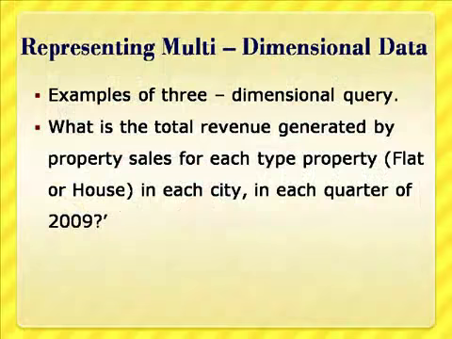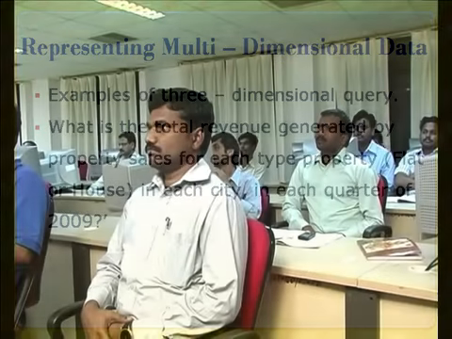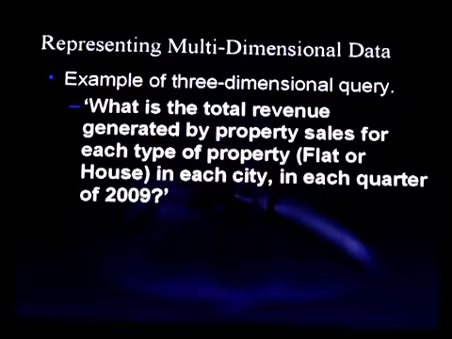The same representation, suppose we extend into a matrix form, a two-dimensional matrix will now become a three-dimensional one. One more dimension is added here, property type, to our earlier discussion. House and flat are the 2 rows. So, for each type of property, what are the sales in each city for each quarter?